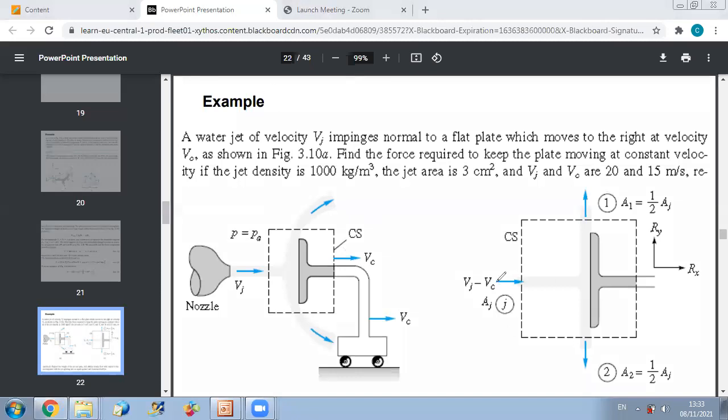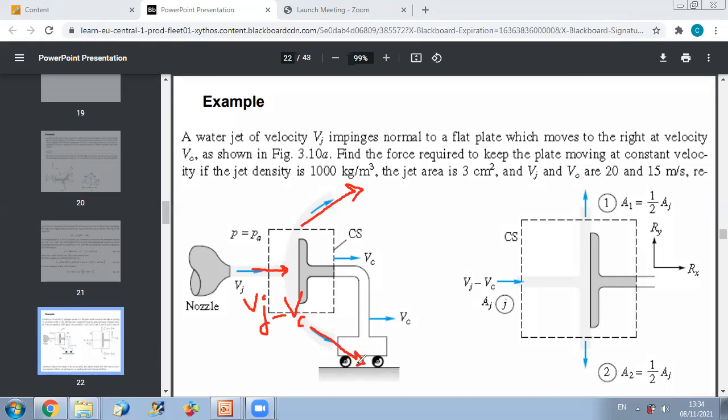We have a nozzle and cars that are moving, and the relative velocity at which the jet of the nozzle will cross the control volume is V jet minus velocity of the car. At the outlet flux, if we look from a fixed frame outside, we'll see a certain inclination.